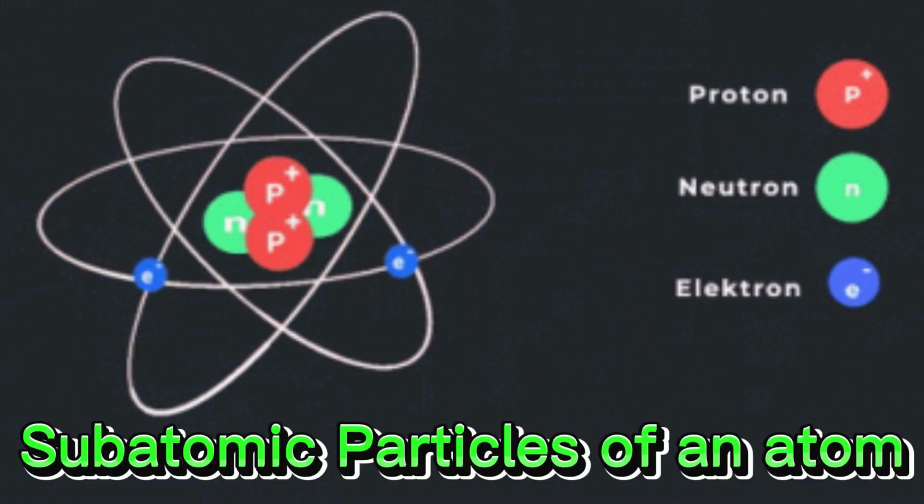The positively charged subatomic particles located inside the nucleus of an atom are called protons. The subatomic particles with no electric charge and found inside the nucleus of an atom are called neutrons. And the negatively charged subatomic particles that orbit the nucleus of an atom are called electrons.